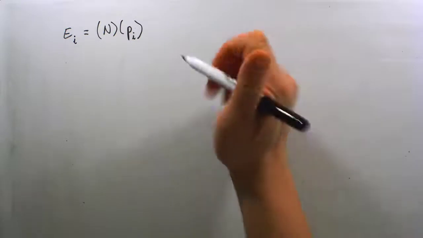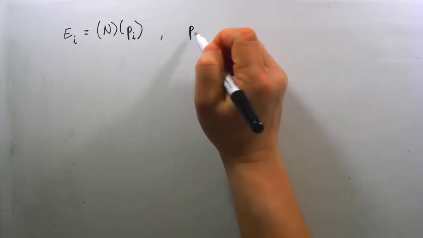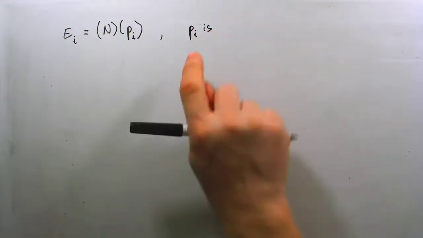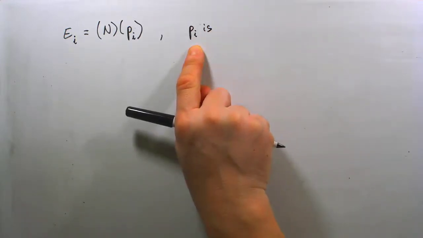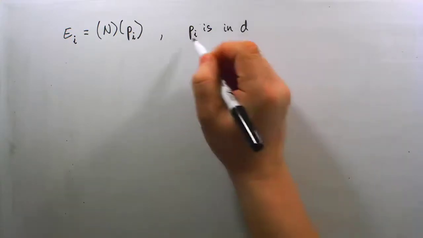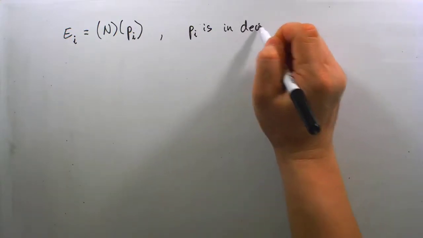And of course, we have been expressing any of those claimed population proportions as a decimal, so any p sub i is in decimal.